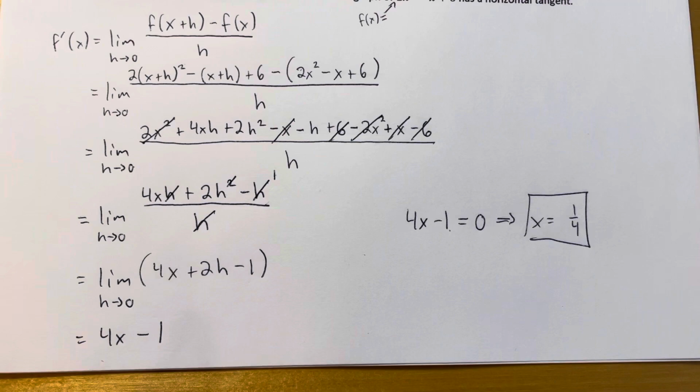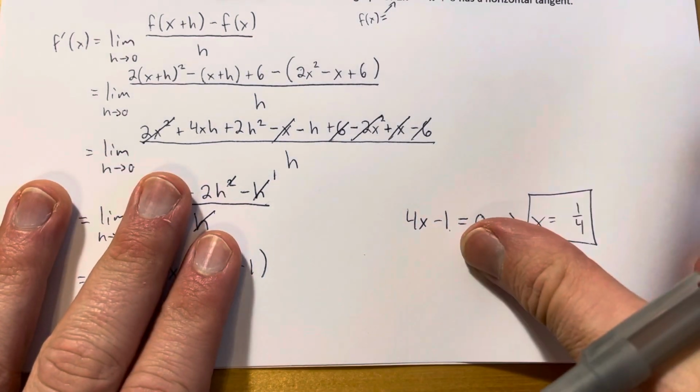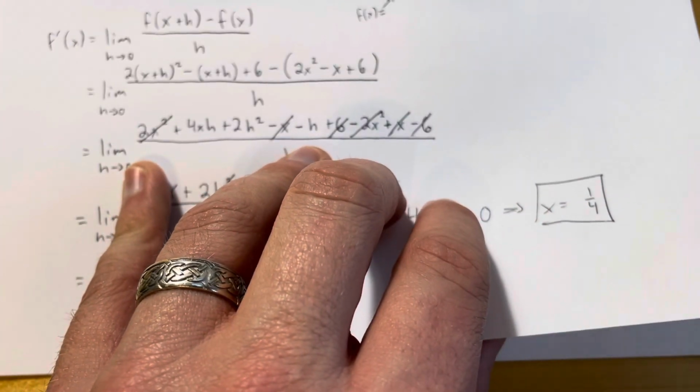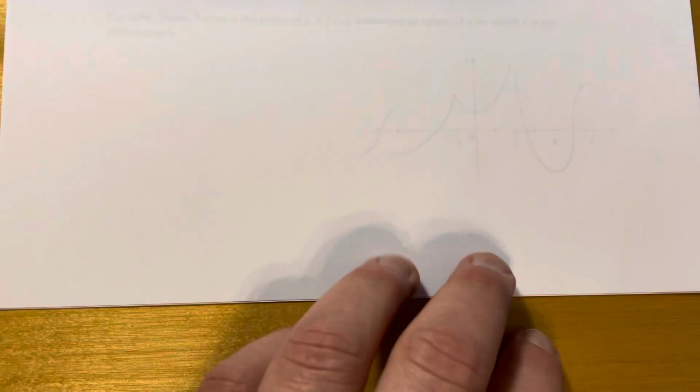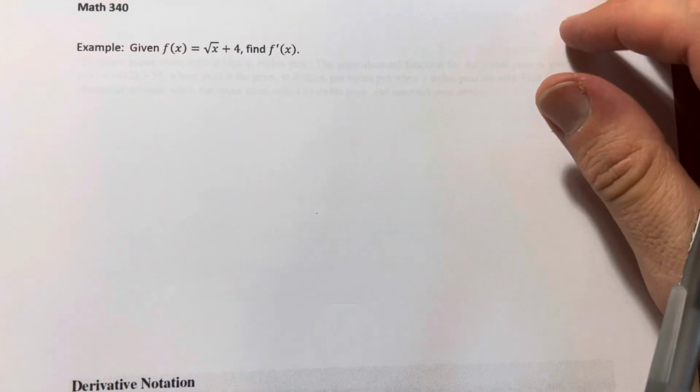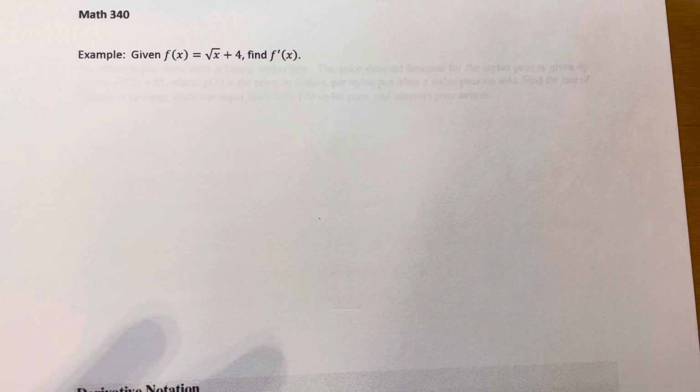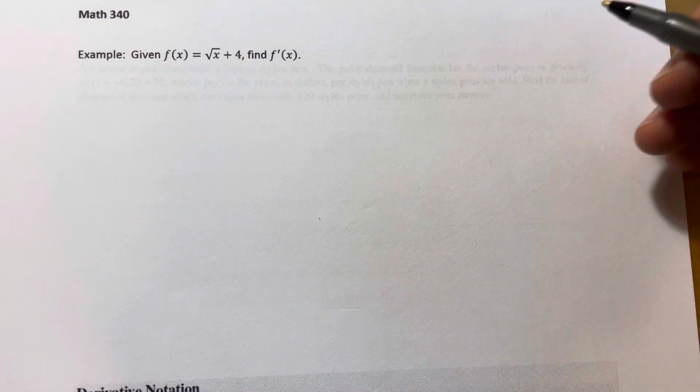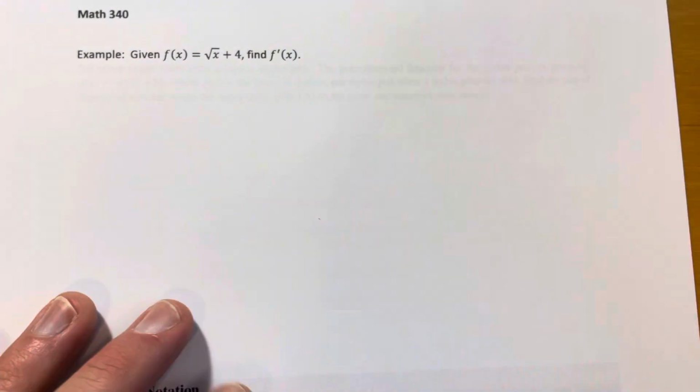And that's the idea. The derivative function is really, really useful for answering a whole variety of the different questions like this. Let's try another example where we're doing a derivative of something that's not a polynomial. In this case, we're just finding the derivative. We're not finding the slope or finding where the function has a horizontal tangent or any of those sorts of things.